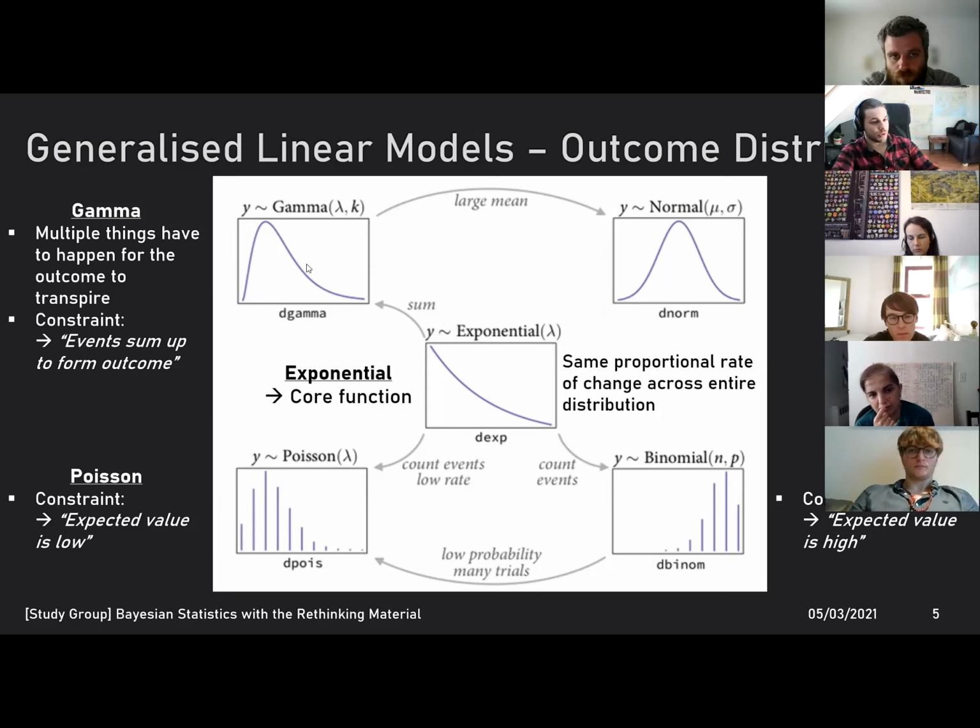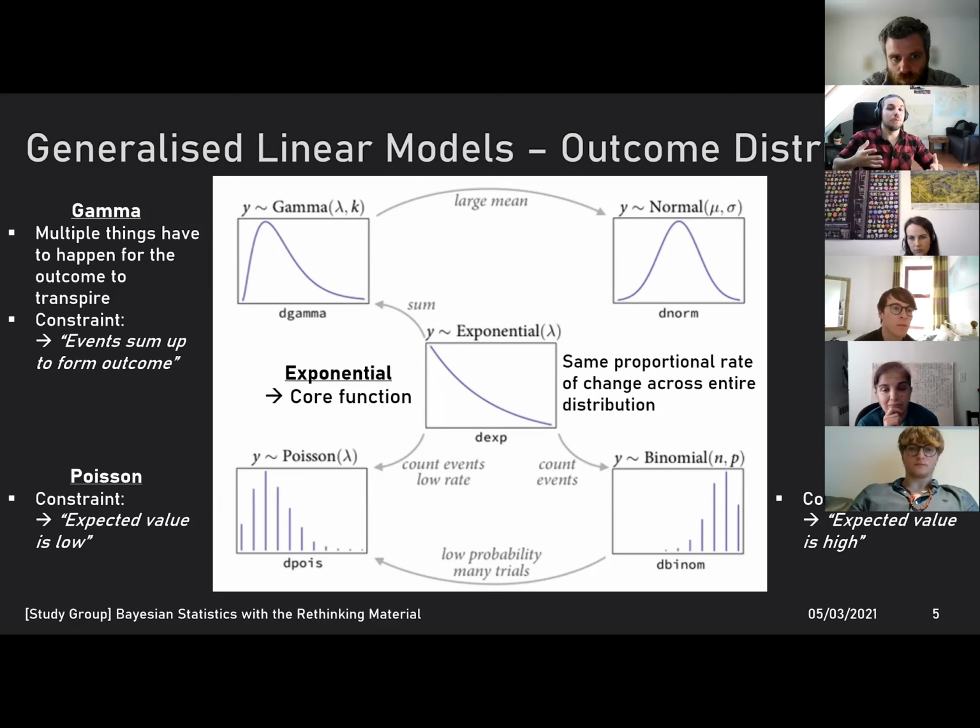The gamma distribution can have a peak anywhere, including but not limited to the first point that we draw in this distribution. I'm really not using my words well today, I'm sorry about that. You can see how the exponential function just slopes down across its entire range. The gamma distribution does not have that constraint. It can go up and then down again. It only does that once, but it doesn't have to have its ultimate peak at the beginning of its distribution.